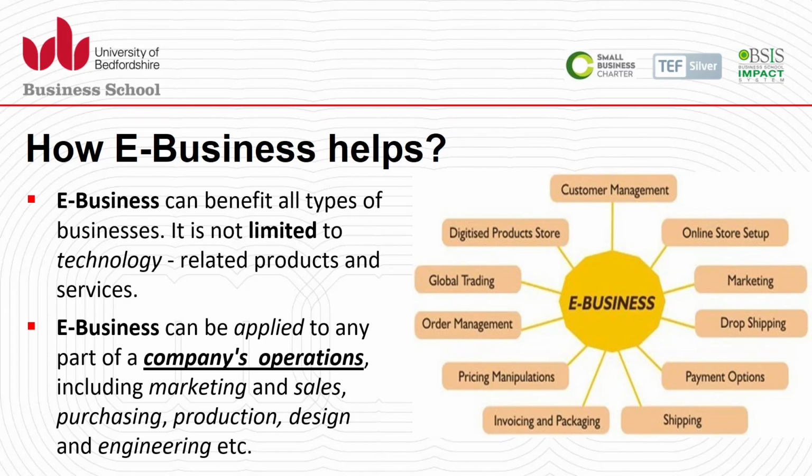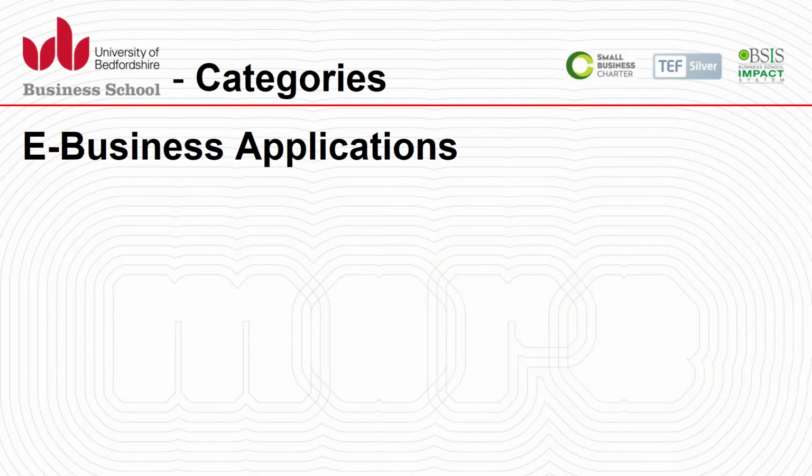E-business can be applied to any part of a company's operations, including marketing and sales, purchasing, procurement, training, production, human resources, design and engineering, or design of the process, business process redesign, etc. So this is quite important help that we can get from e-business. We need to look into the categories. What are the key categories we can use in e-business?